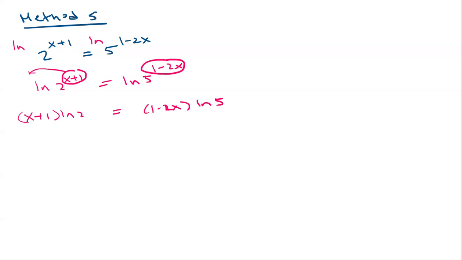Now this is something I'm able to solve. So then I can distribute the ln of 2 and then ln of 5. So that becomes x ln of 2 plus 1 times ln of 2 is just ln of 2. 1 times ln of 5 is just ln of 5 minus 2x ln of 5.